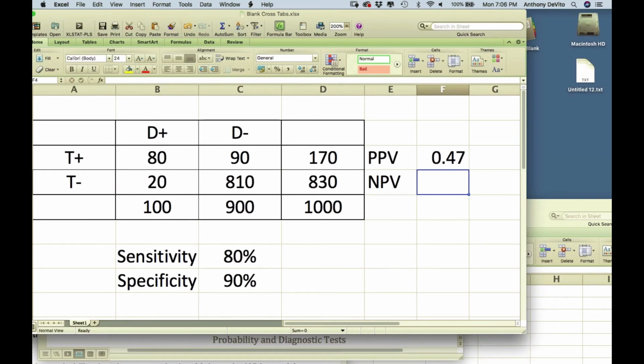So in other words, in this population, if you apply this test and a person gets a positive test, it's only about 47% likelihood that he actually has the disease, right? That's what positive predictive value is.